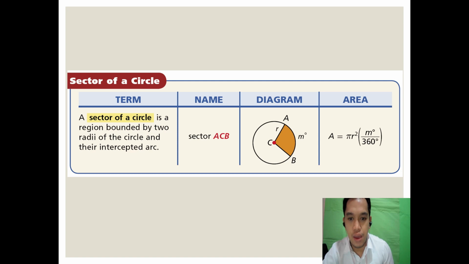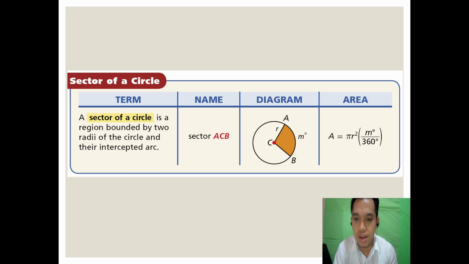A sector of a circle is a region bounded by two radii of the circle and their intercepted arc. Here in the diagram we have sector ACB.